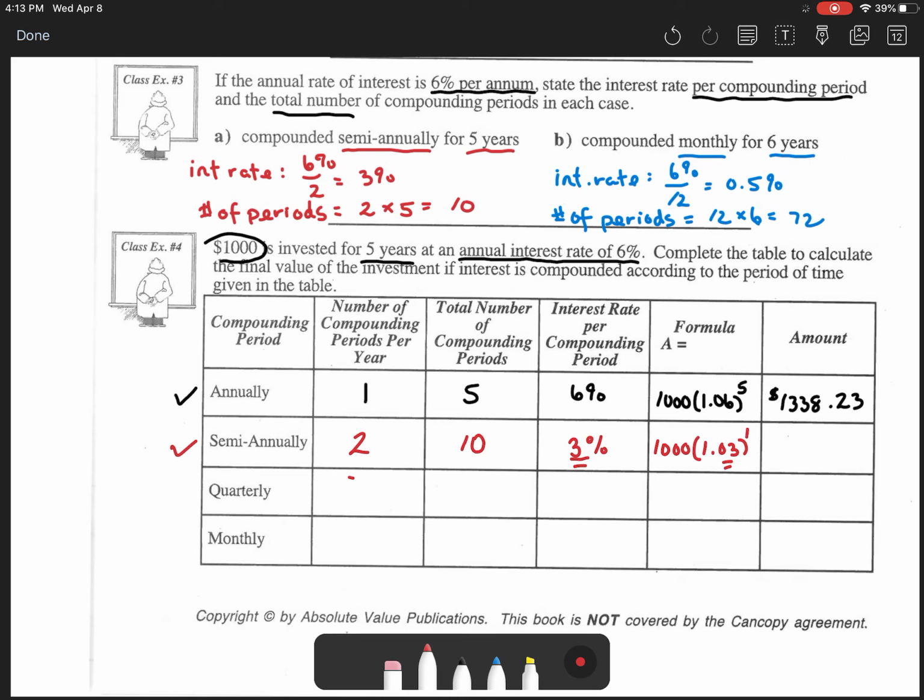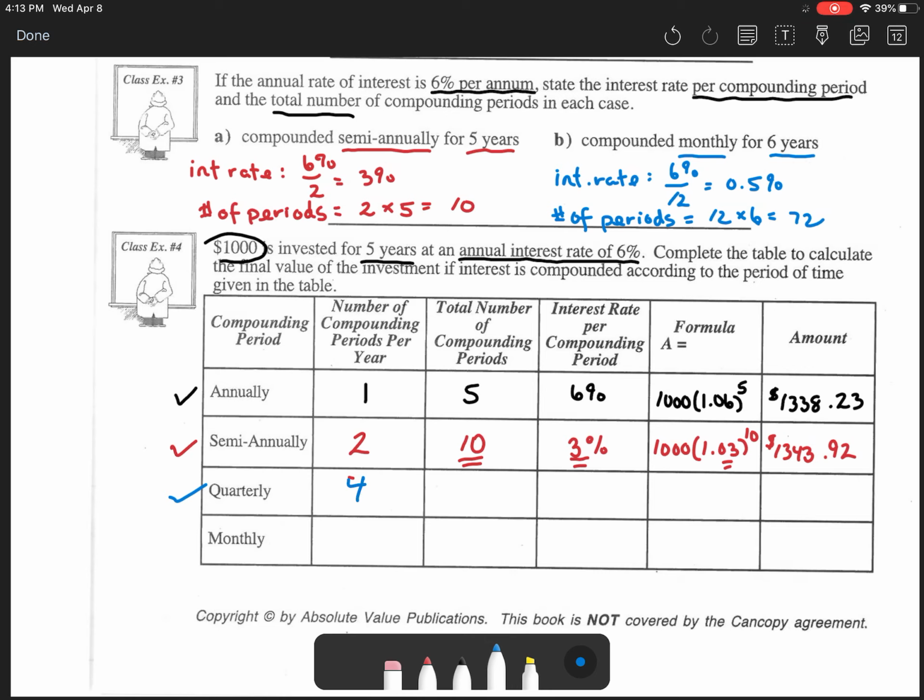So 1.03, and now the exponent of n is the number of interest periods, which is 10. So 10 interest periods, which comes from the total number of compounding periods. So now on my calculator, 1.03 to the exponent of 10 times the 1,000, and I will get a total of $1,343.92.